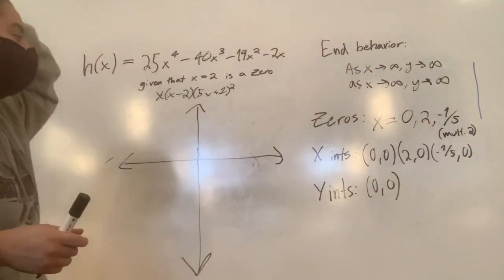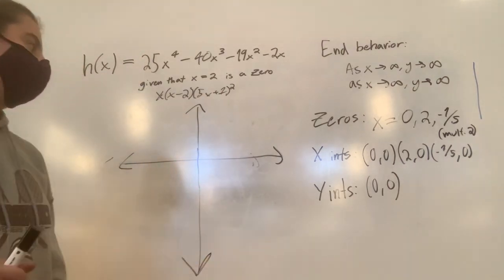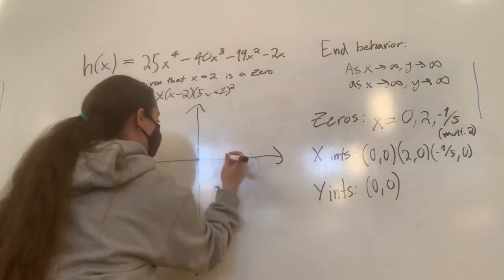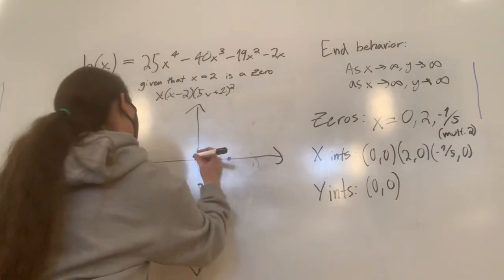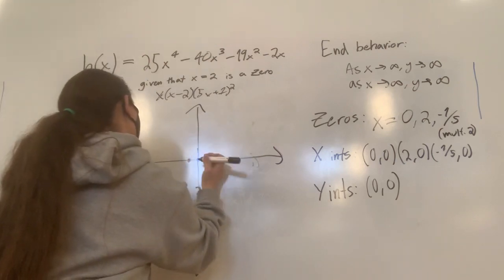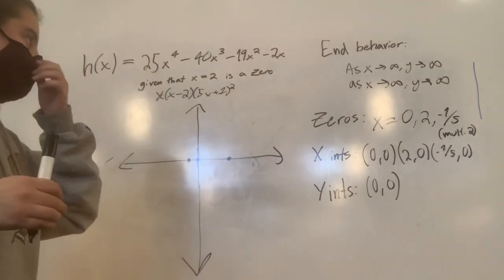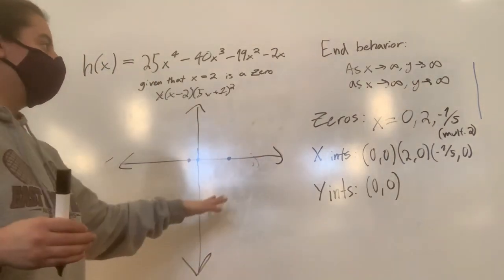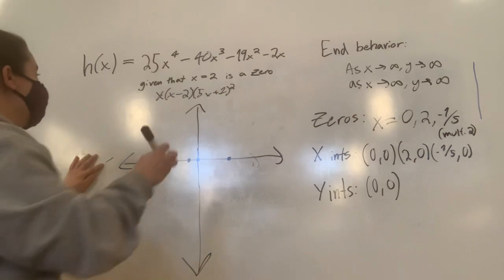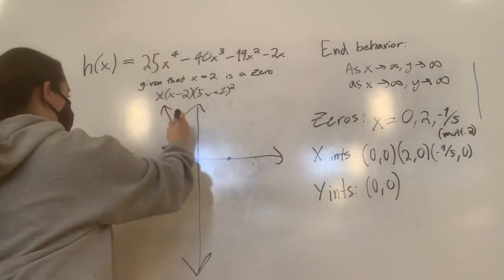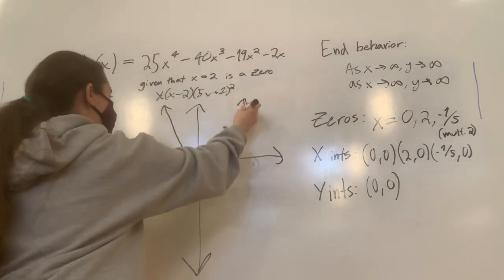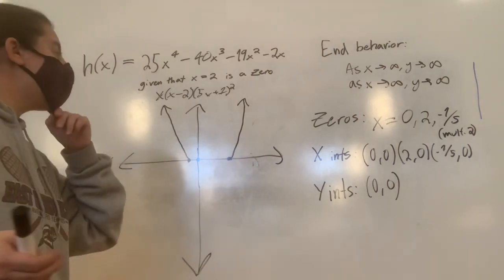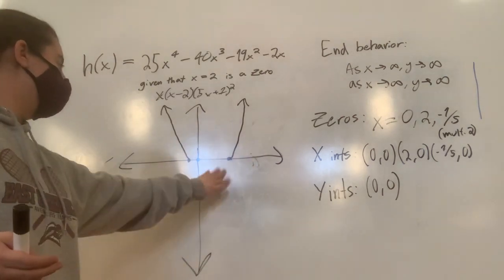First we're going to graph all the points that we have. So we have (0, 0), (2, 0), and (negative 1/5, 0) that I'm going to put over here. And if we look at our end behavior, we have y going to positive infinity on both sides. Now we have to draw the rest of the lines.